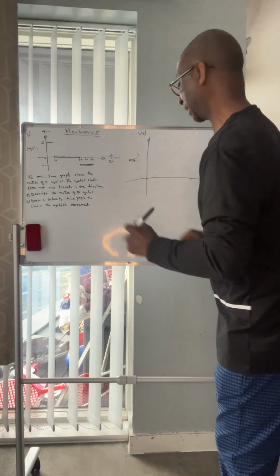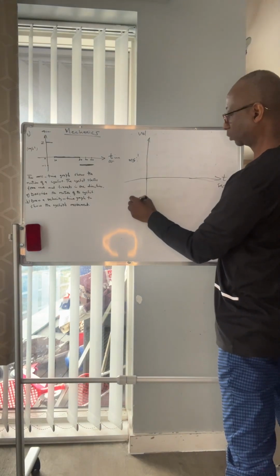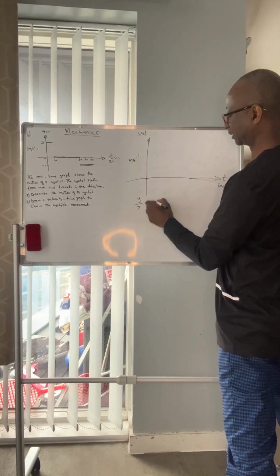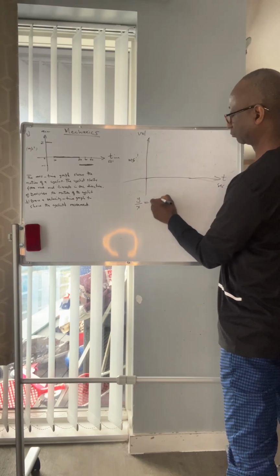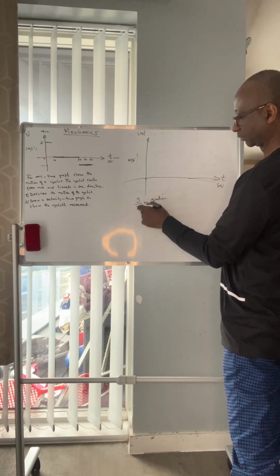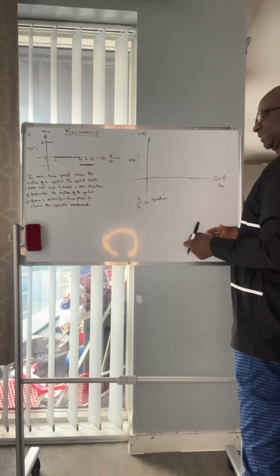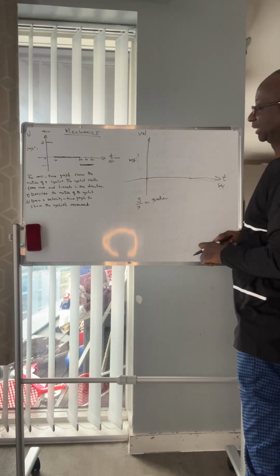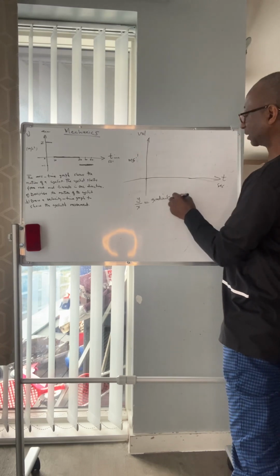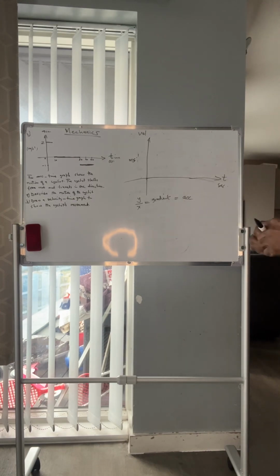So we've got straight lines. The gradient of the line, y all over x, equals gradient. The rise in y over the run on x is what we just interpreted. And that gradient in a velocity time graph is equal to acceleration.